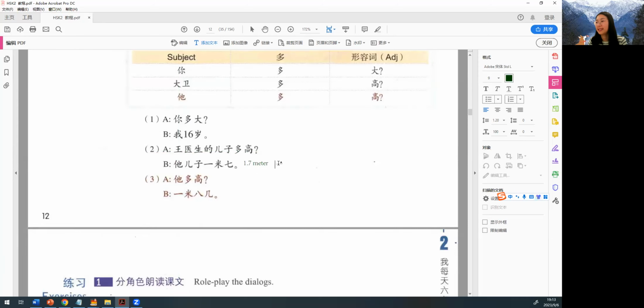And if we want to say 1.8 meters, how to say that? You can learn from here. Yes, that's 1.8. And what do we say for 1.85 meters tall? It's 1.85.